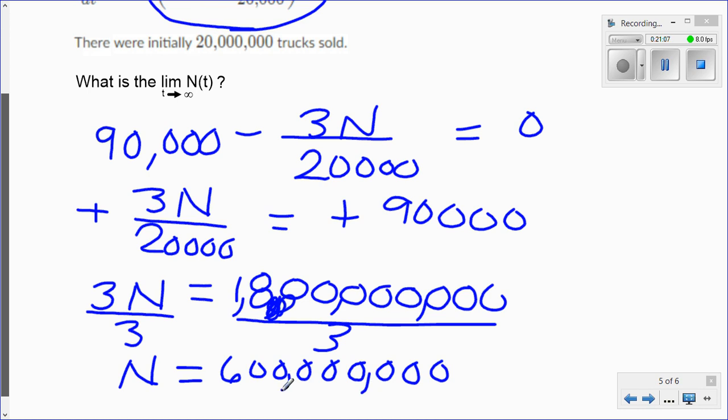Okay, let's count every 3. So N equals 600 million. And that would be our carrying capacity, which would also be the answer to the limit.